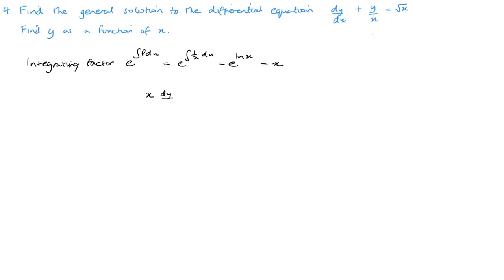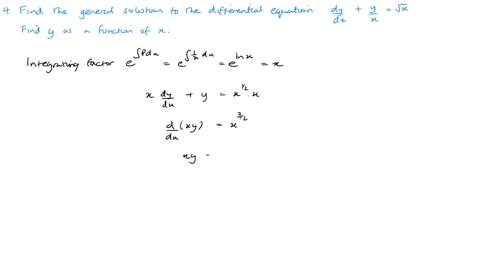So this is x dy by dx plus y equals x to the power of half times by x. So this is differentiation of xy equals x to the power 3 over 2.